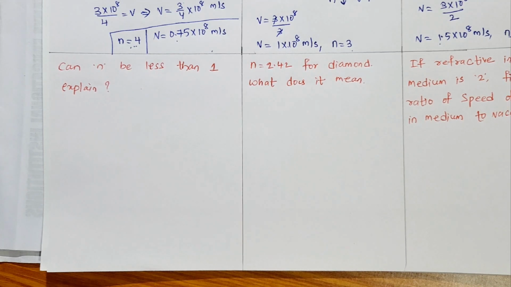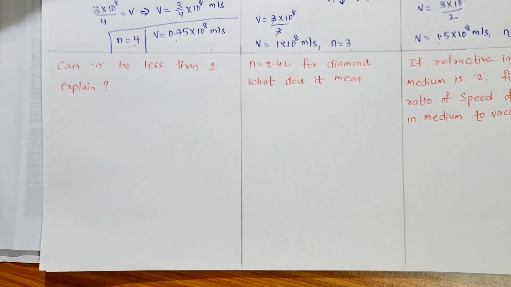When we solve problems in the next class on the formula n12 is equal to v2 by v1, or n21 is equal to v1 by v2, meaning we are going to find the relative refractive index of one medium with respect to another medium, then the refractive index value may come less than 1. But absolute refractive index value can never be less than 1.